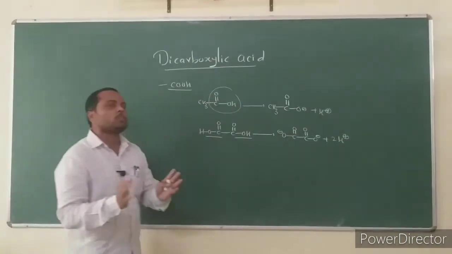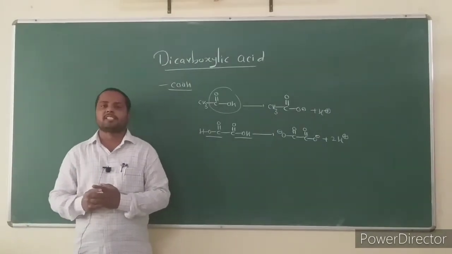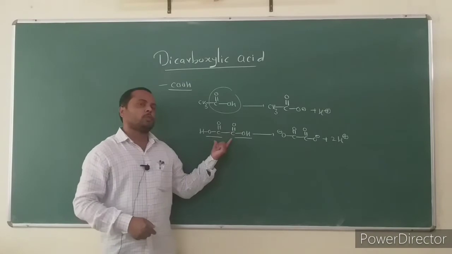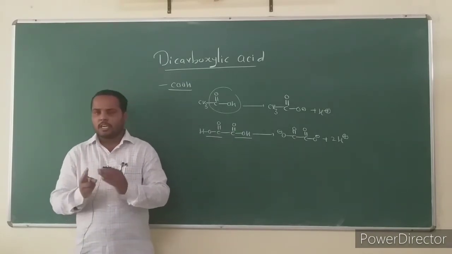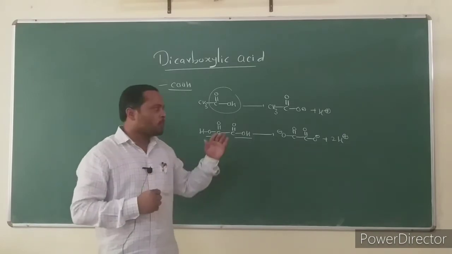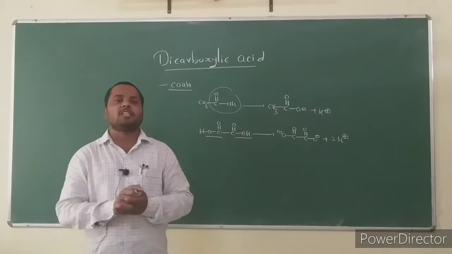It can donate 2H plus ions. This is known as a dicarboxylic acid. The compound which has two carboxylic functional groups, or which on dissociation gives 2H plus ions, is known as a dicarboxylic acid.